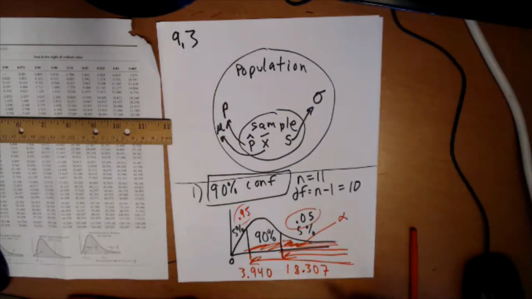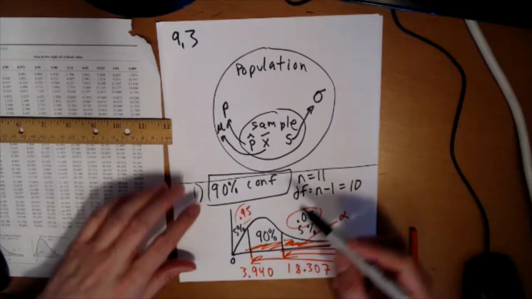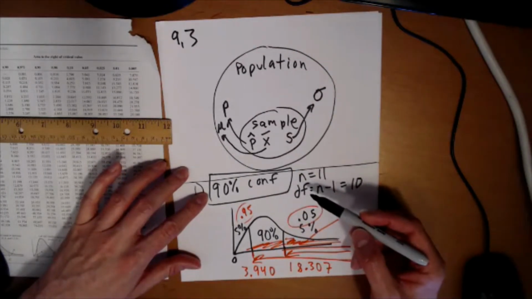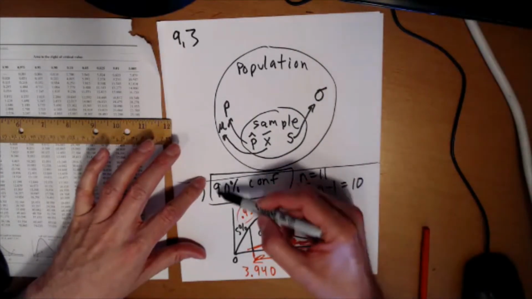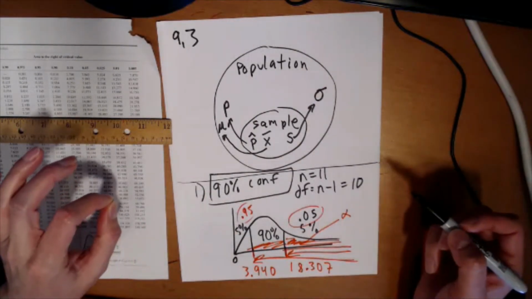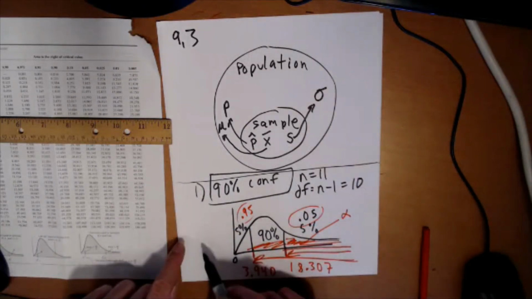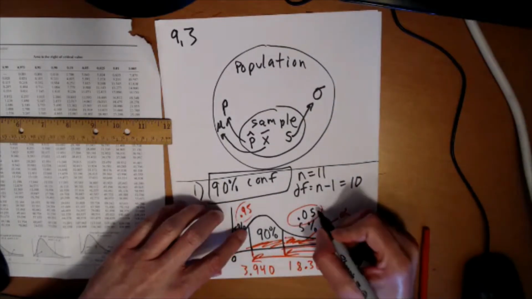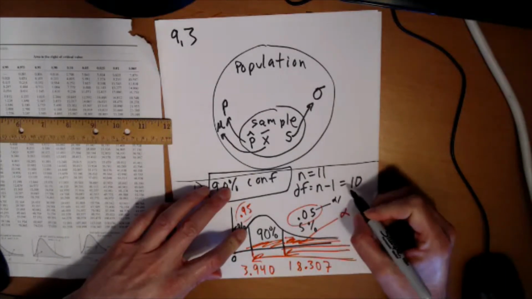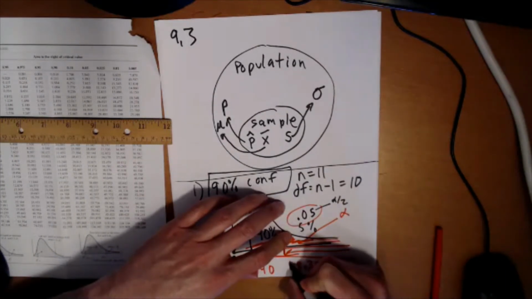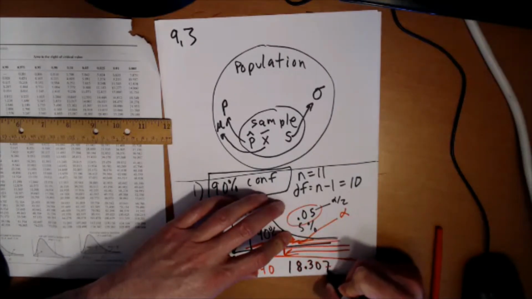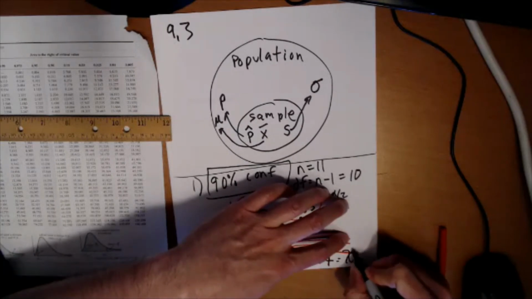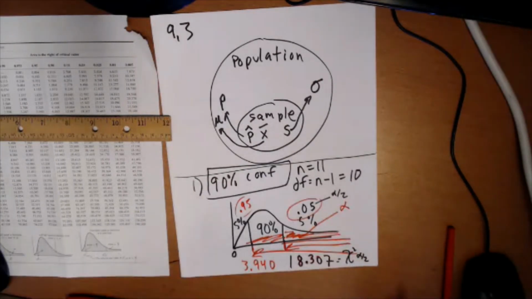And so they said, find the critical values. They said the chi-squared 1 minus alpha over 2 and the chi-squared alpha over 2. If you put 90% in the middle, that means there's 10% left over. 5% here, 5% here. So the 5% on the right, this 0.05, is technically our alpha over 2. So this 18.307 is technically our chi-squared alpha over 2.